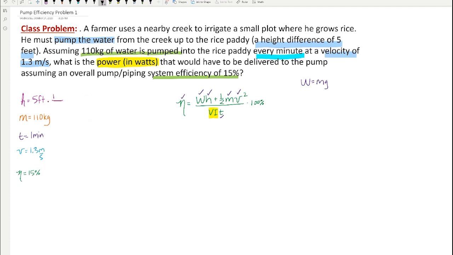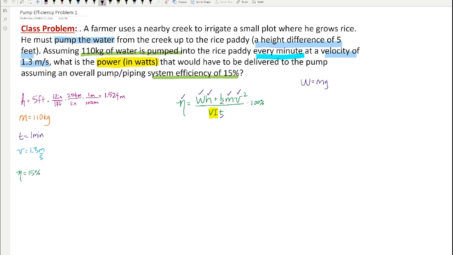There are 12 inches in 1 foot, 2.54 centimeters in 1 inch, and 100 centimeters in 1 meter. So I'll do the calculation to find the pump head in meters, which is 1.524 meters.